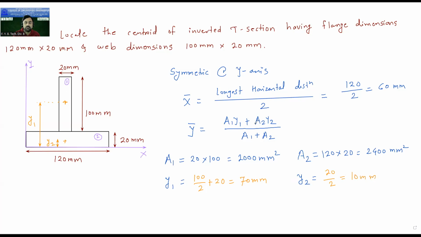Now put these values in the above equation so that you will get the value of y bar. So I will write here only. A1 is 2000 into y1 is 70, bracket complete, plus A2 is 2400 into y2. So the y2 you have to take 10 mm, and the whole divided by A1 plus A2. Okay, you do the calculation.